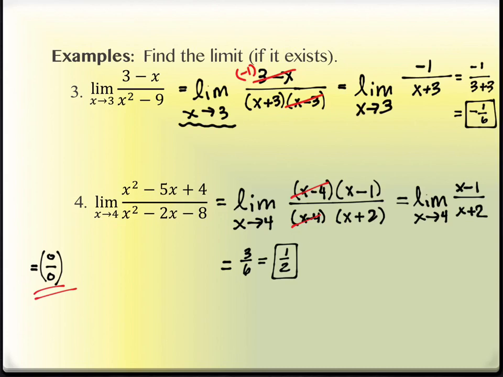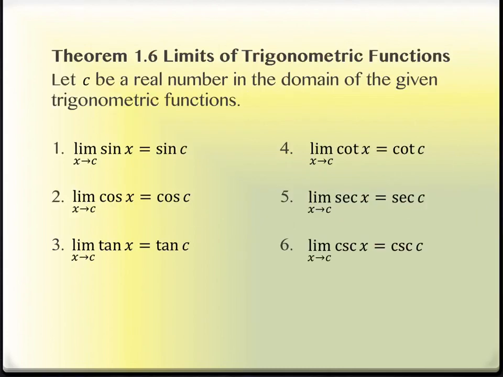All right, so I promised you that we were going to take a look at some trig. That's the time. So we have 6 trig functions. These should all look familiar. Sine, cosine, and tangent, and then secant, cosecant, and cotangent. All of these are very much the same. They simply say that you can put the value in, just like with polynomials, rational functions, and radicals.